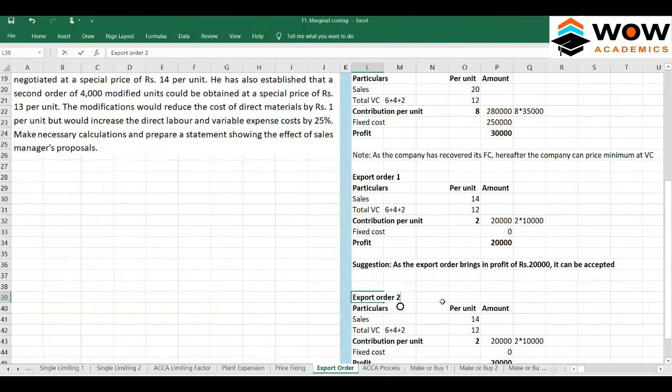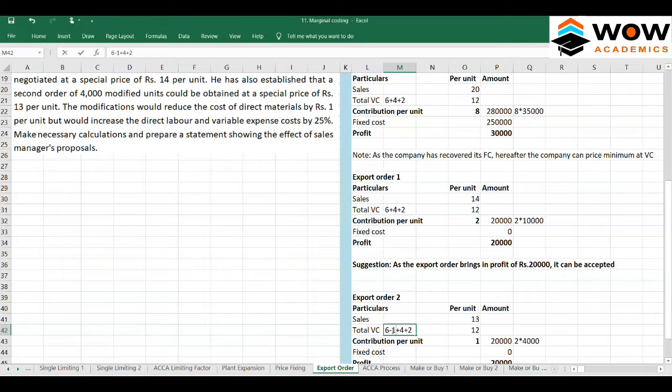So the second export order is for 4,000 units, and the selling price is 13, and variable cost will increase. He says there are some changes here. The modification would reduce the cost of direct material by 1. So direct material value was 6 earlier, so we can reduce it by 1.